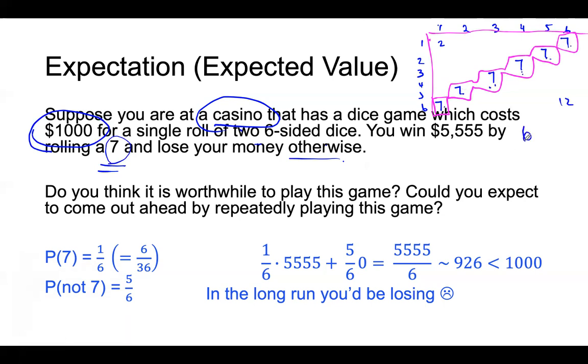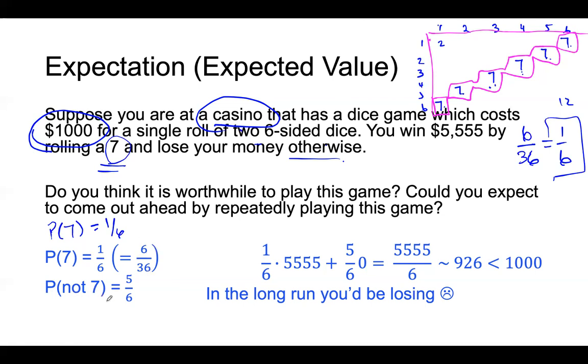So 6 possible ways to roll a 7 out of 36 possibilities. So this is reduced down to 1/6, essentially. Okay, so we have 1/6. That is the probability of rolling a 7 is 1/6 because it's similar to 6/36 reduced down.